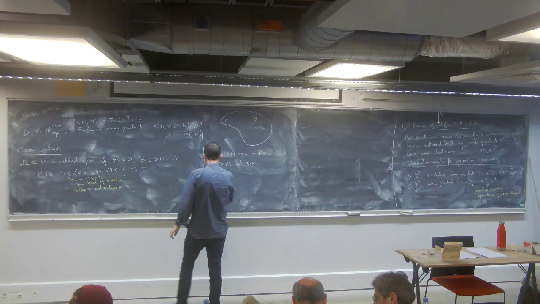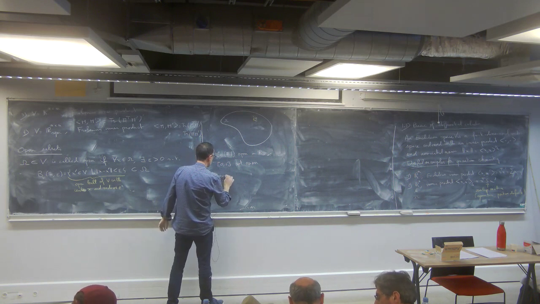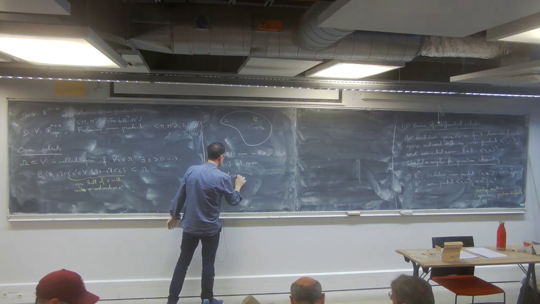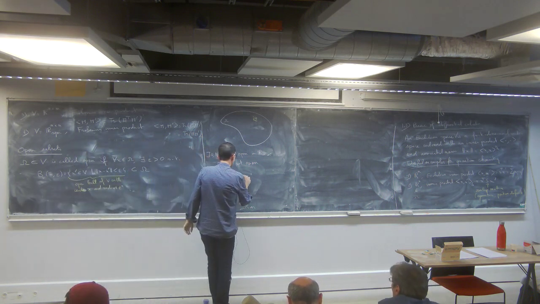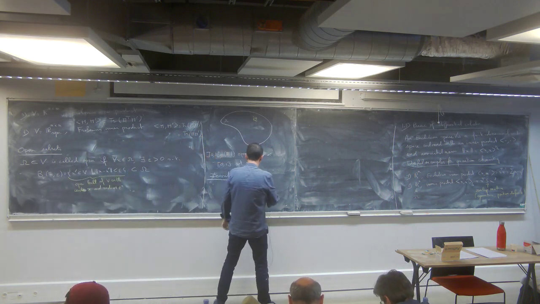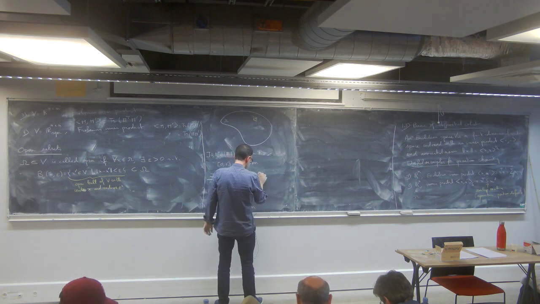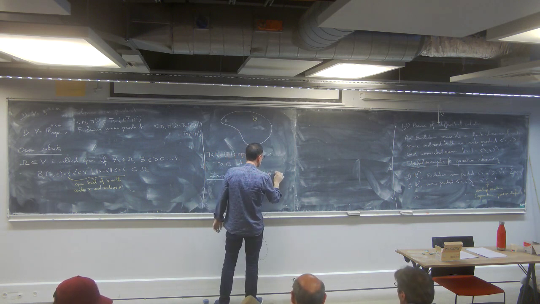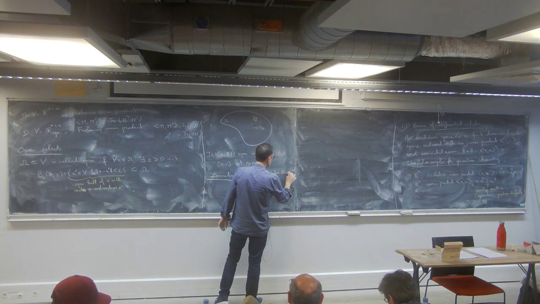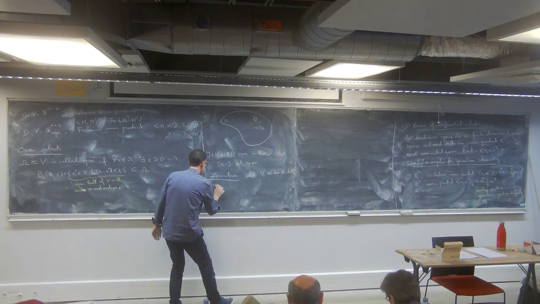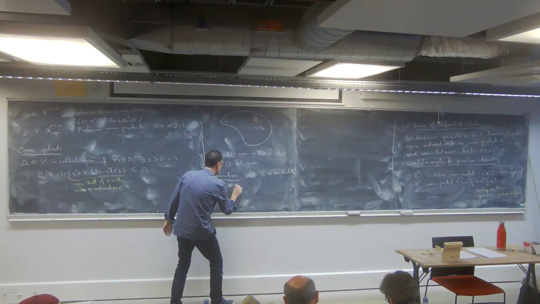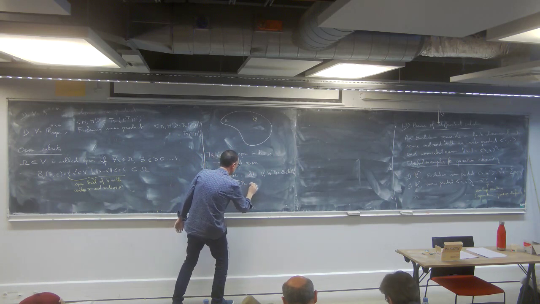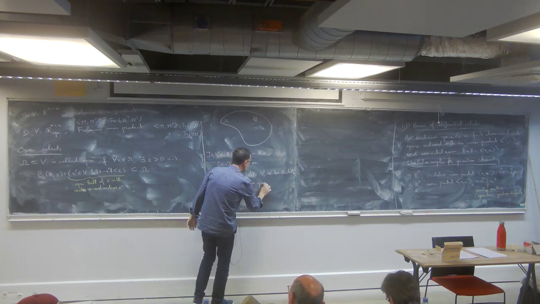So then I have to talk about derivatives. So let V, W be Euclidean spaces, and omega an open subset.